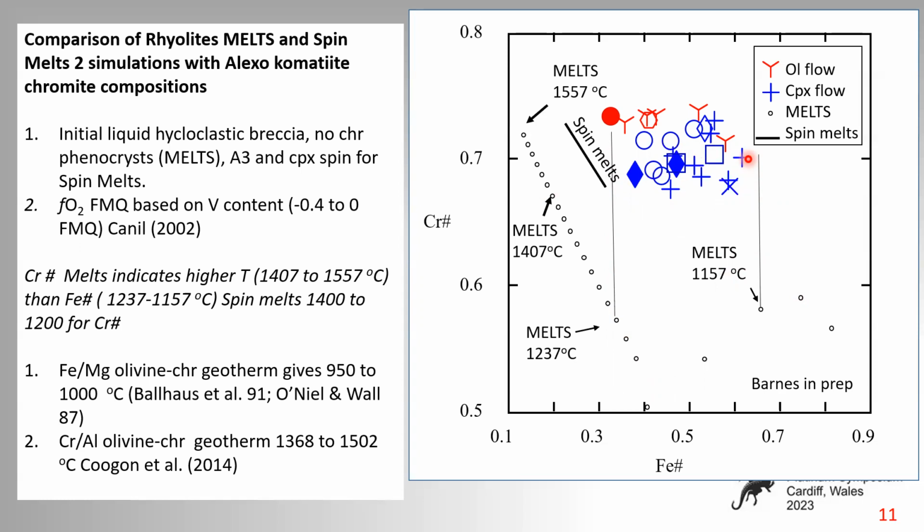But if you're new to chromites, it's important to know that the +3 ions will give you a higher temperature and freeze in what's going on at a higher temperature than the +2 ions. This is about diffusion, of course. +2 ions diffuse more readily than +3 ions.